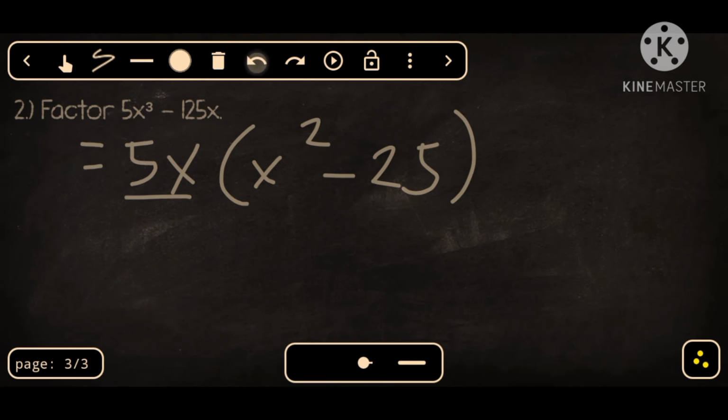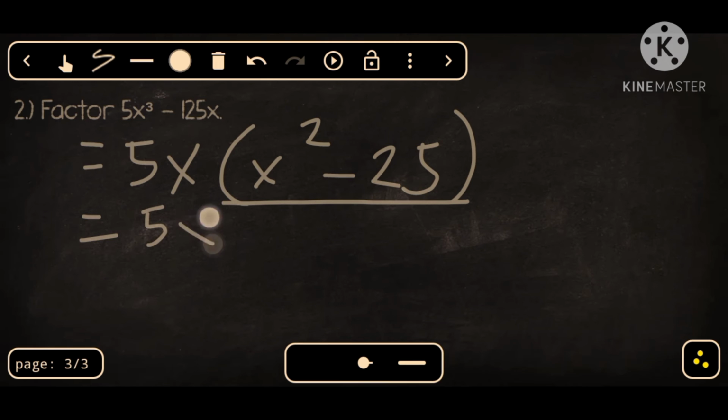Now, in this expression x squared minus 25, we can apply the difference of squares. Let us copy first 5x. Then we apply difference of squares to x squared minus 25 because it is now a binomial.